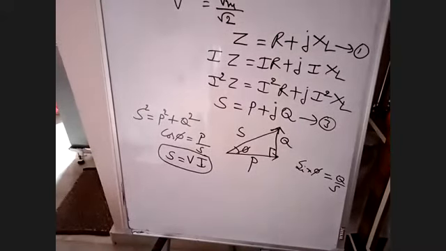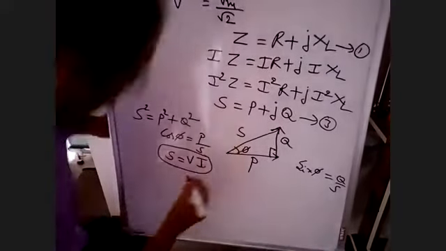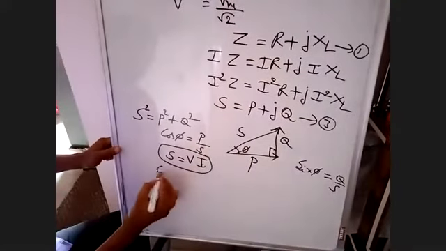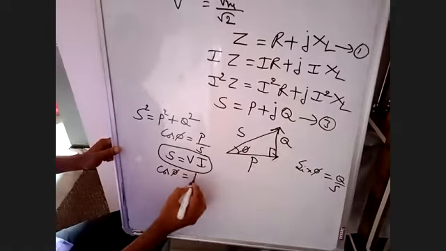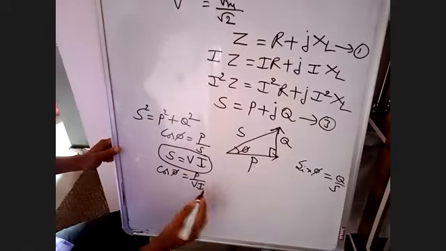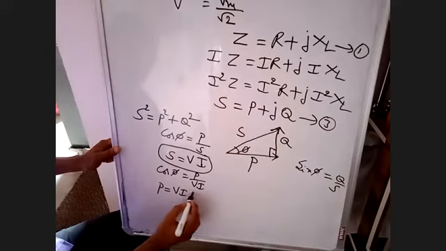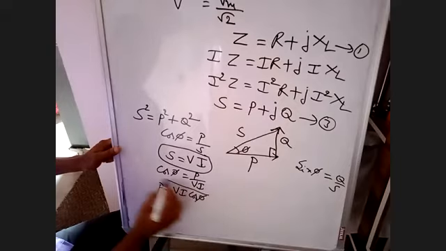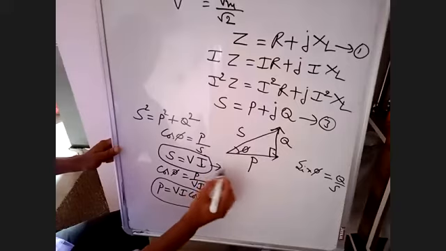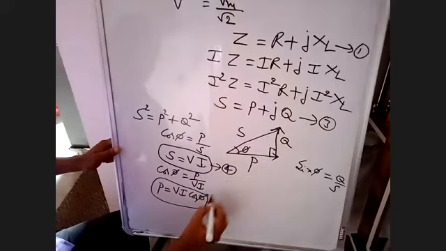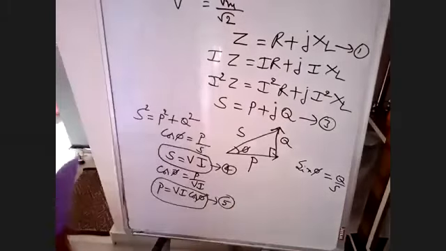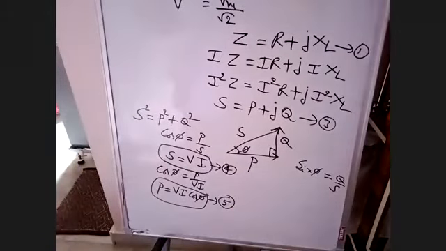Okay, now see here. Substitute this V I in place of S. Therefore, P is equal to V I cos phi.